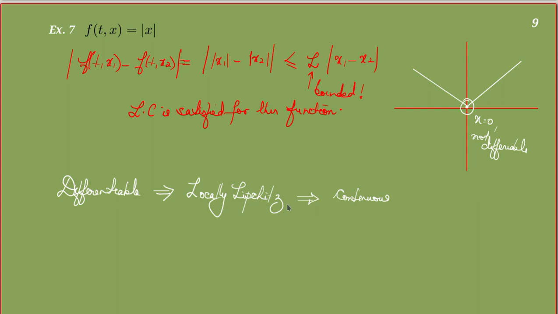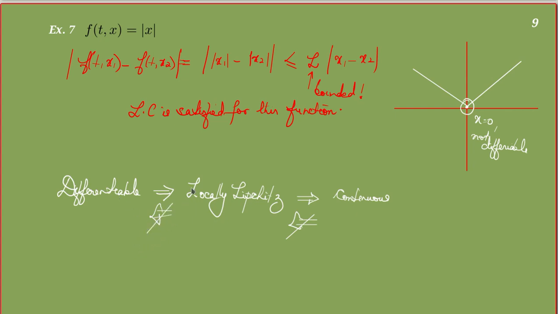So if the function is locally Lipschitz, it definitely means that it is continuous. But if a function is continuous, it does not mean that the function is locally Lipschitz. Similarly, if a function is locally Lipschitz, it does not mean that the function is differentiable.